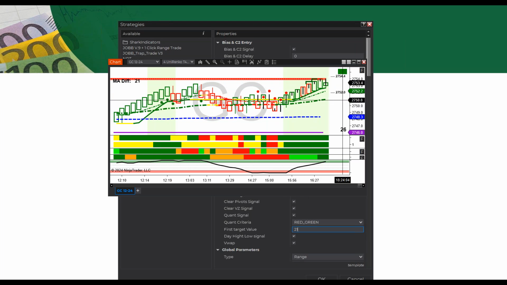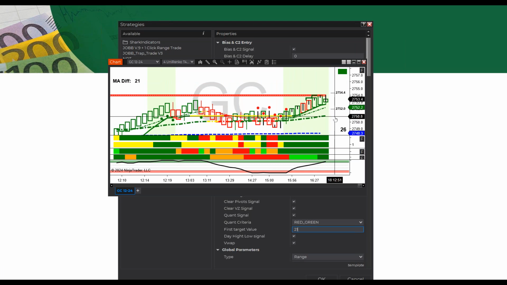And probably 90% of the time, when we get to the max MA diff, we get a pullback within two or three candles. Sometimes it just keeps going, but the majority of the time we get a pullback. So if our max MA diff is 30, do we really want to take a trade with the MA diff at 25, expecting you might get a couple candles before you get the pullback candle?